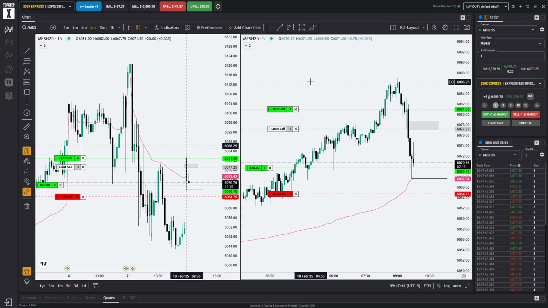We could also get a second push into VWAP, like we had. Two minutes on this candle. Like I said, the last 1 minute and 30 seconds is the usual direction.